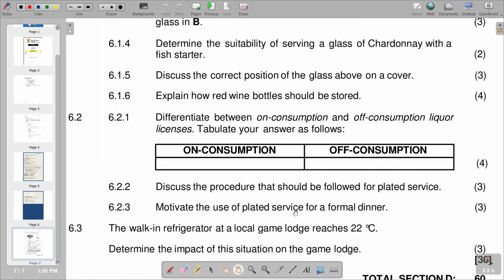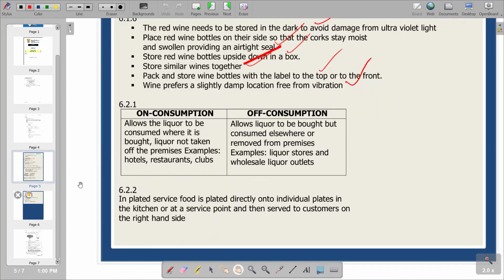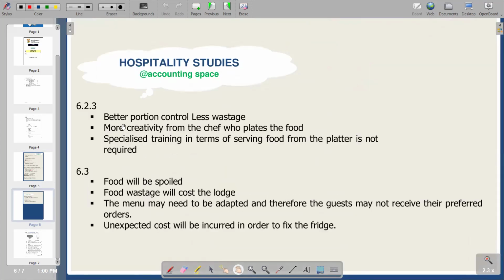Motivate the use of plated service for a formal dinner. So we are saying better portion control and less wastage. So there is better portion control and also less wastage, and there is also more creativity.